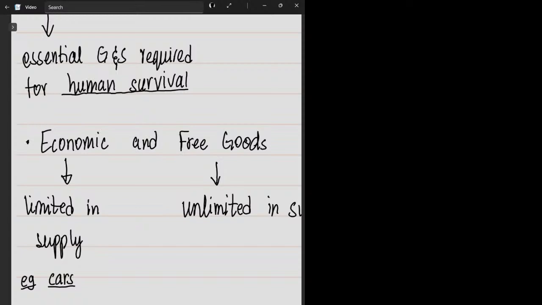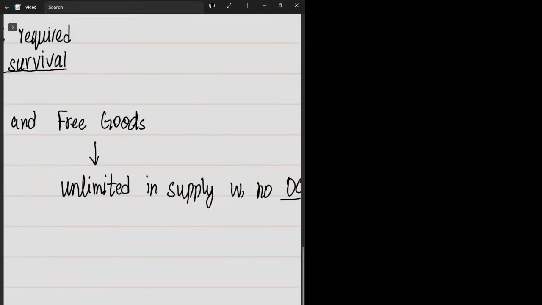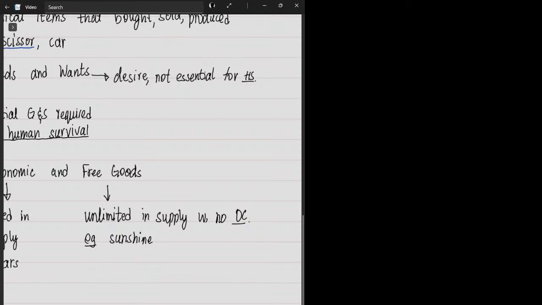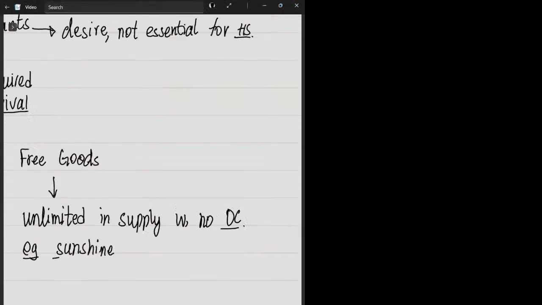There's a limited number of cars that are produced and available. But when you take, let's say, sunshine, there's unlimited sunshine. You cannot measure how much sunshine there is. And if there's no sunshine, there's nothing else that you can substitute it for.